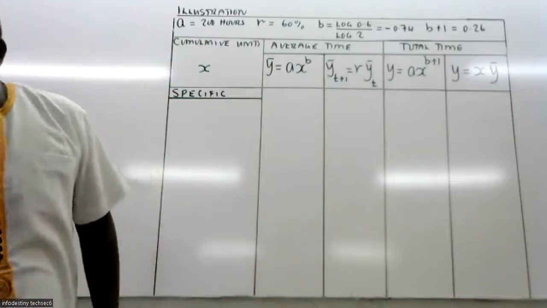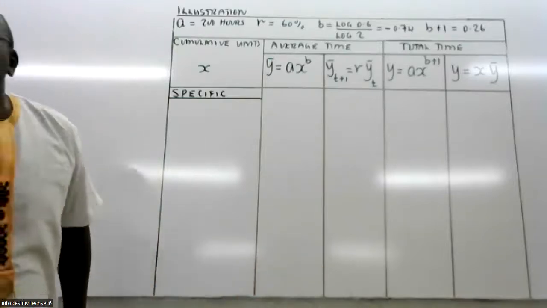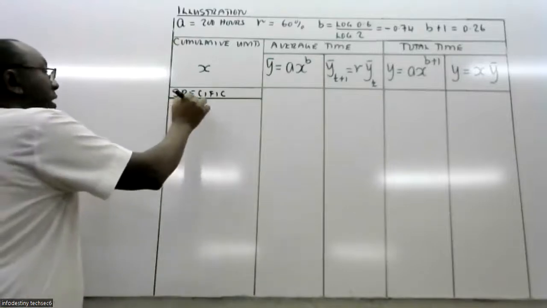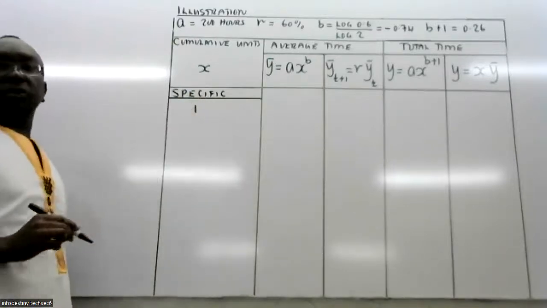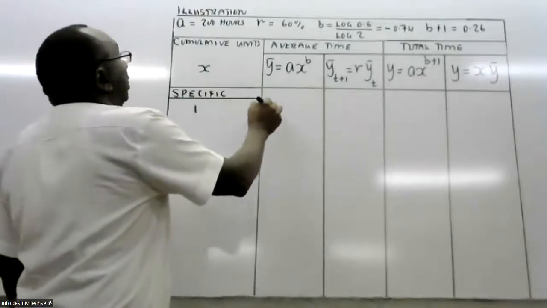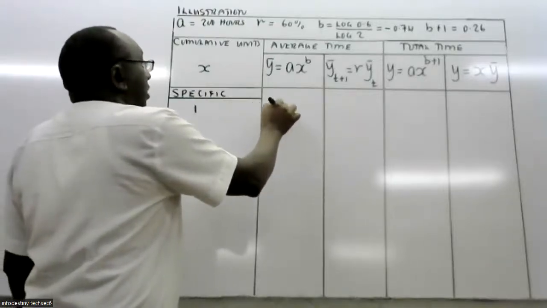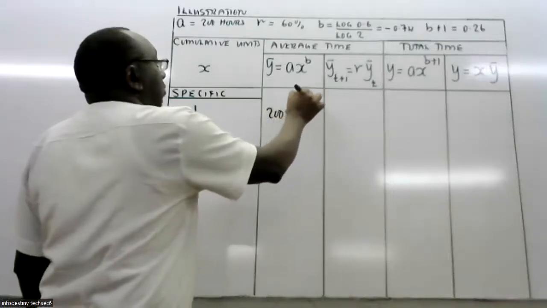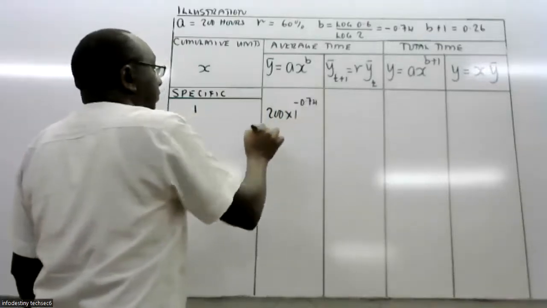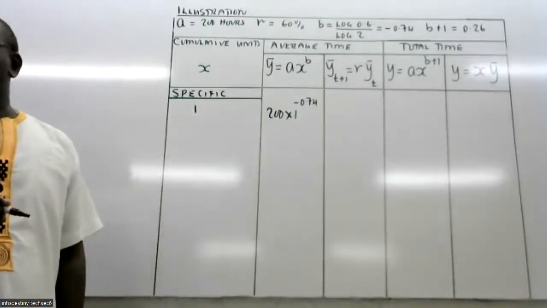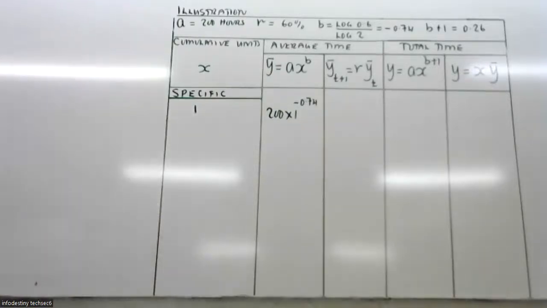Maybe I will explain in a better way when I'm in the second one. That's when it will be clear. So if you are dealing with one unit, then here you will say it is 200 times 1 raised to power minus 0.74. Get that answer.